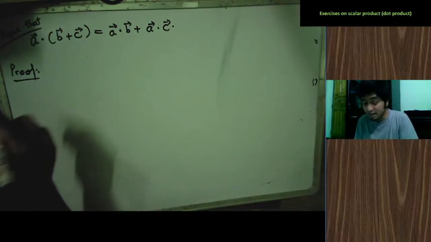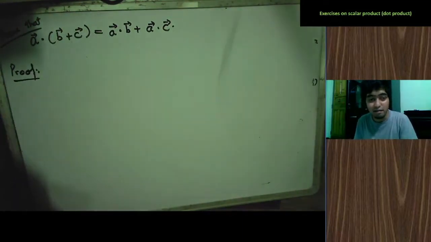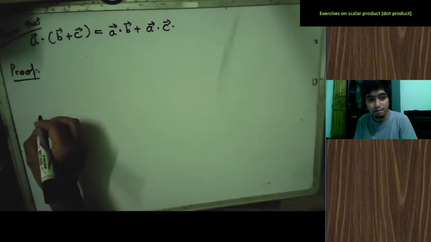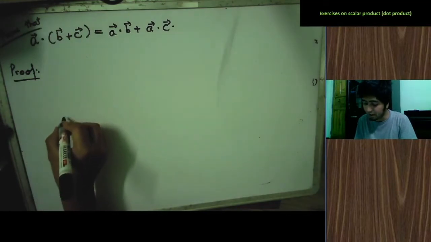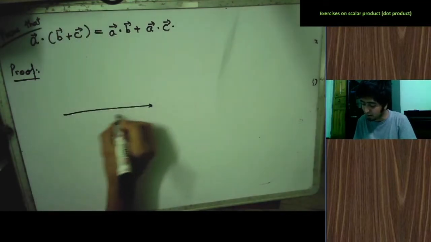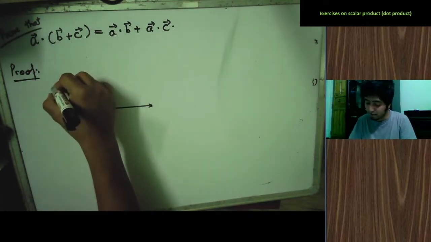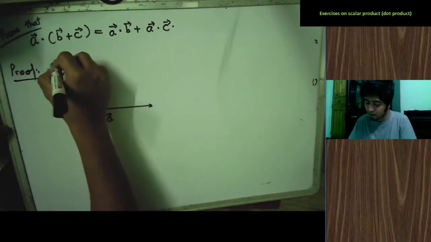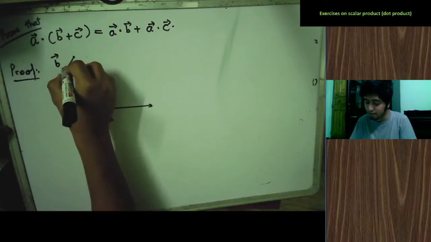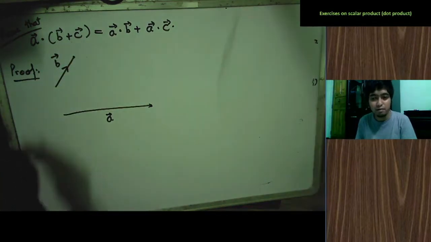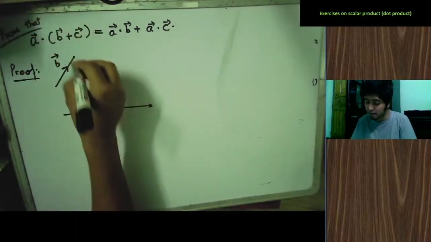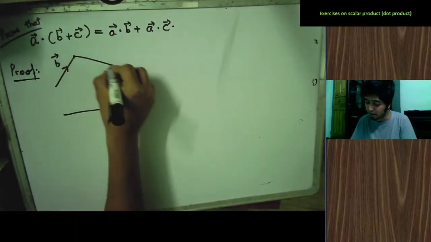Let us say A, B, and C are given vectors. So we can always draw a figure that looks like this. A, we will keep on the ground. B and C: B, we will move it in this way, so it will be somewhere above. And C, we will draw it in this way.